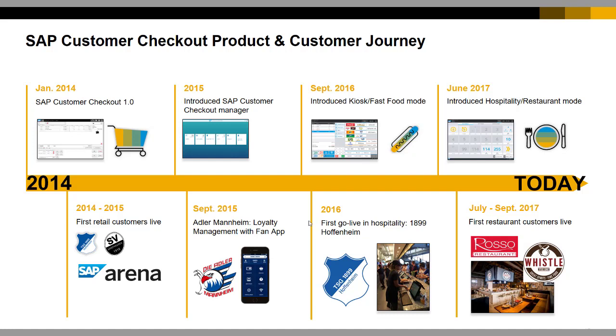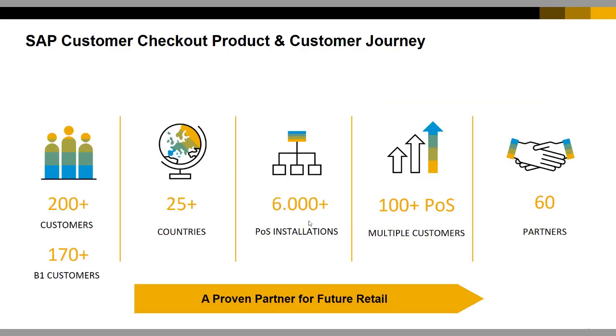And all this while we were working with some strategic customers so that each of the functionality that we had built was consumed by the customer immediately. And below you can see some of the customers with whom we have worked together in building up these features. And as we have traveled this journey, we have now more than 200 customers who are using Customer Checkout.